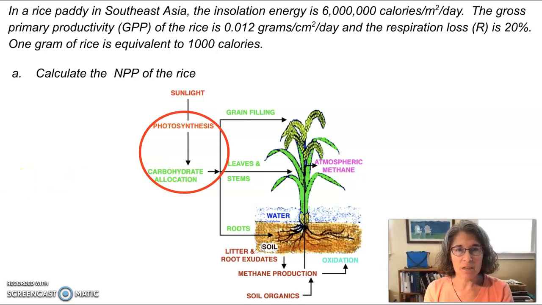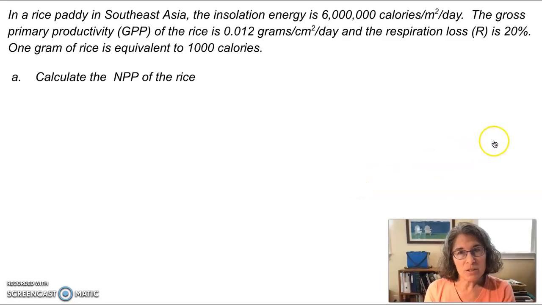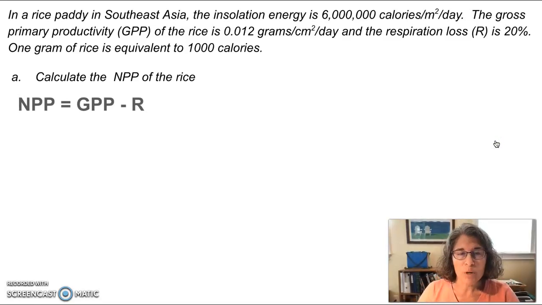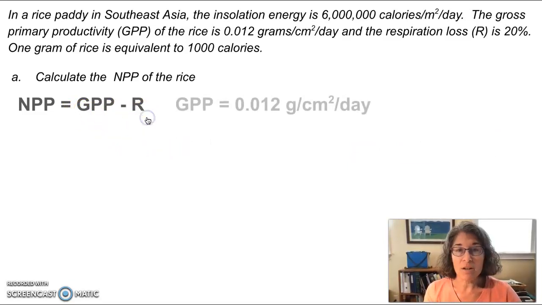So let's go ahead and talk through that in terms of a step-by-step approach. The first thing you want to do in any of these situations is identify what you know. One of the things that you should know from your content understanding is that net primary productivity is equal to gross primary productivity minus respiration. Okay? So it's an equation that you should know off the top of your head.